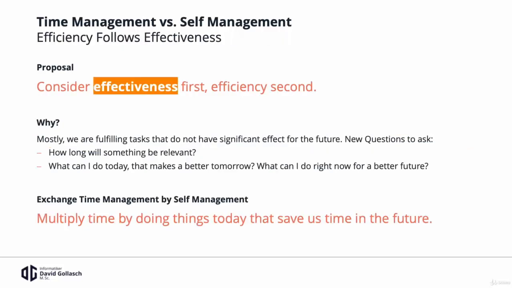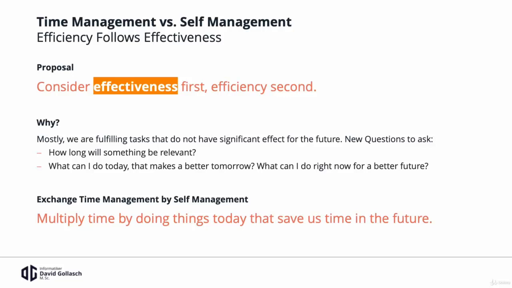So what I would propose is to consider the effectiveness of a task in the first place, and afterwards take a look at efficient methods to fulfill the task that you decided to do. Right? So what you have to think about is the significance of your task for the future.